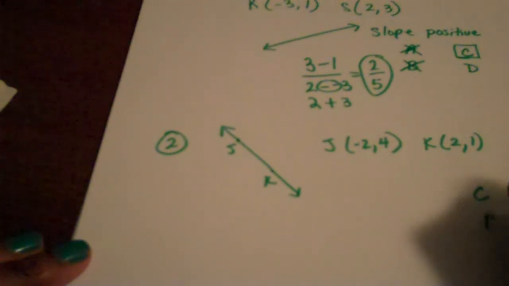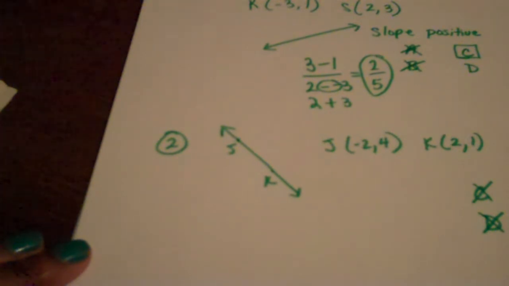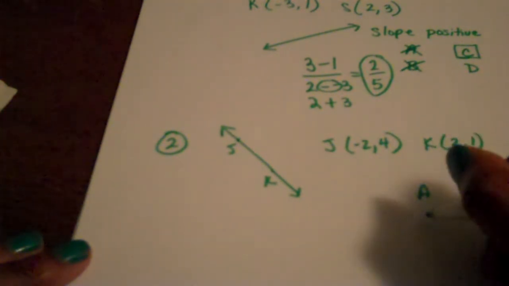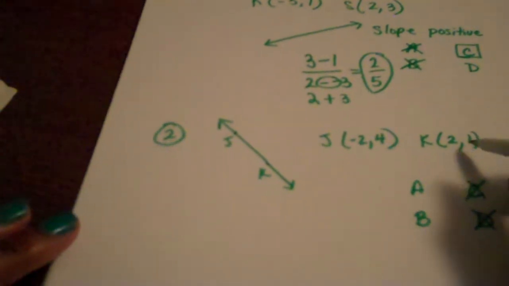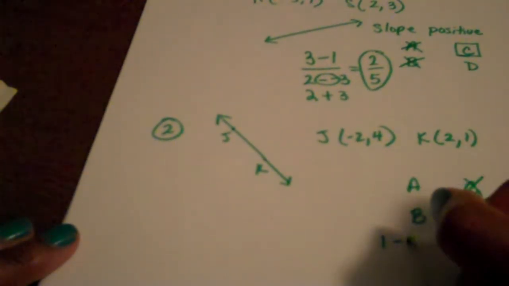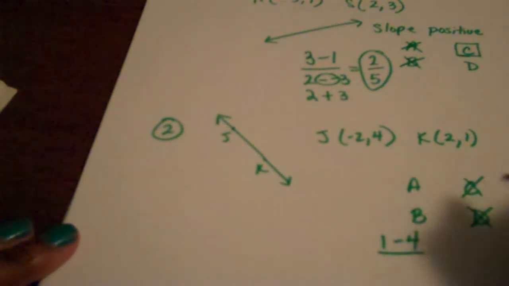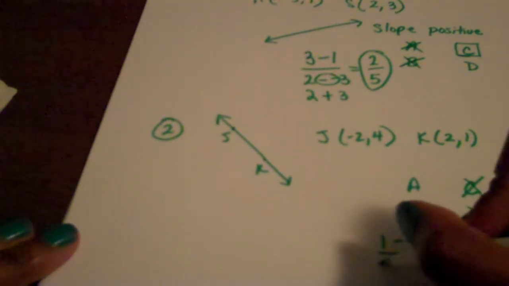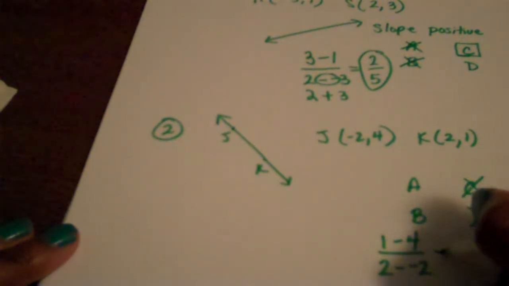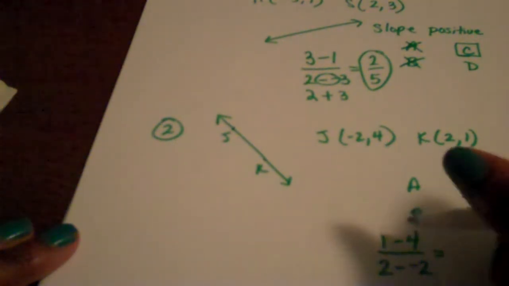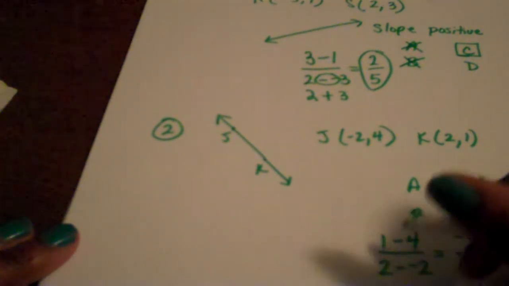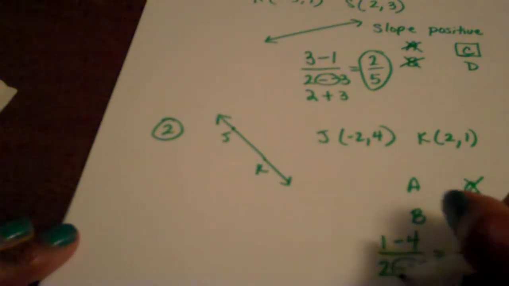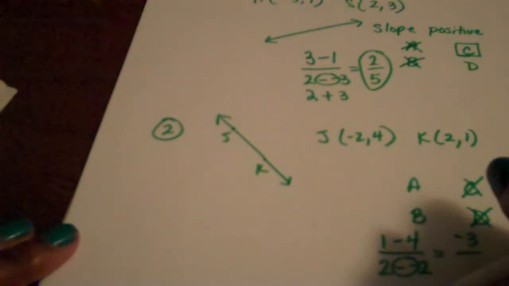Answer choice C and D are both positive slopes, therefore I can eliminate them. That leaves me with A and B. Looking at my change in y, I have 1 minus 4 over my change in x, 2 minus -2, and calculate. 1 minus 4 is -3. 2 minus -2, again, same two signs, I want to circle them.